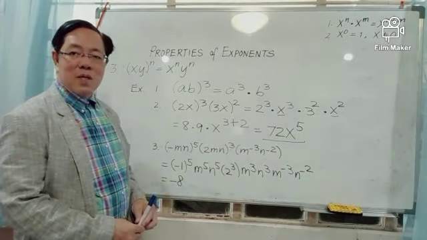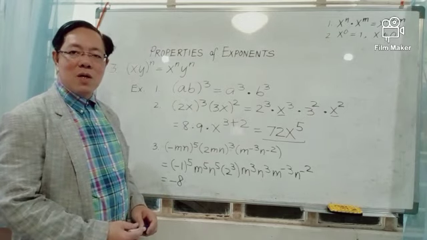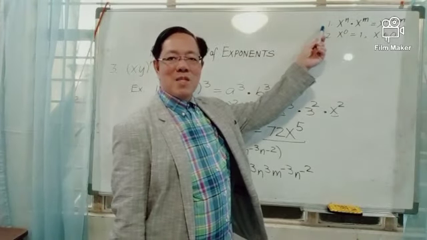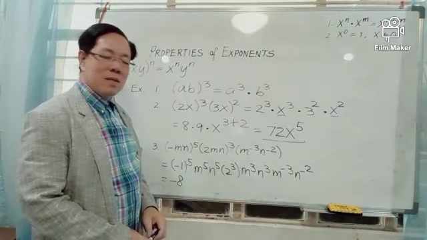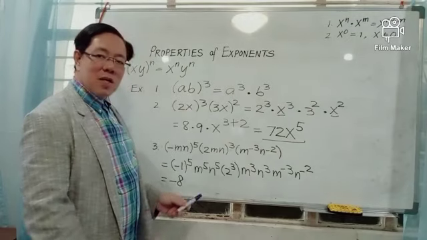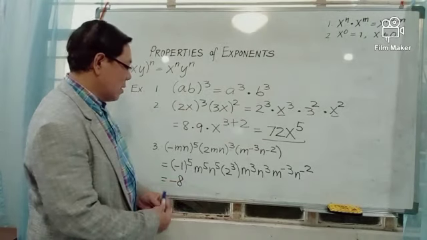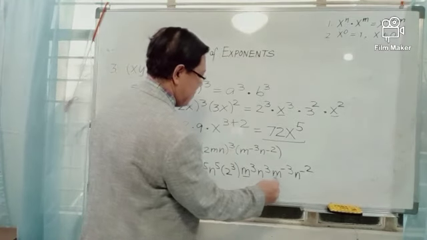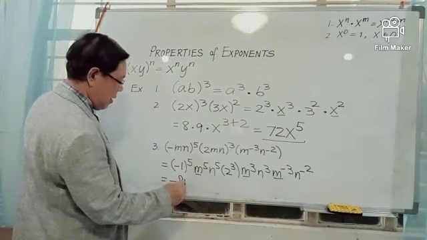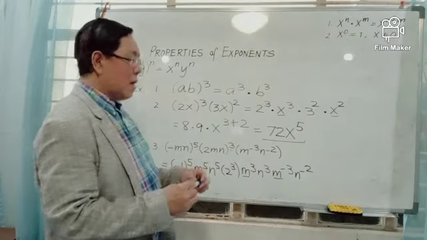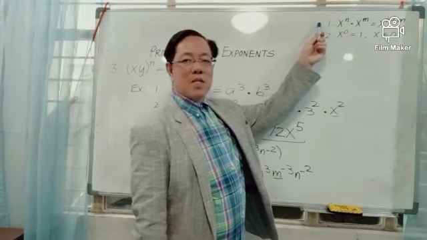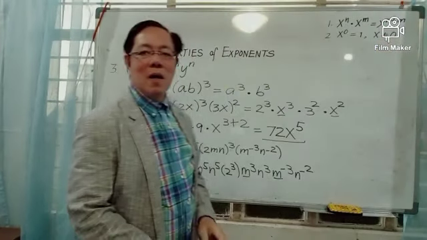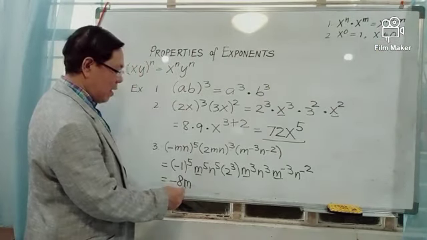Now we combine the literal coefficients, applying the first property of exponent. We start with the literal coefficients with m, common base is m, and by the first property of exponents, add the exponents of the common base m.